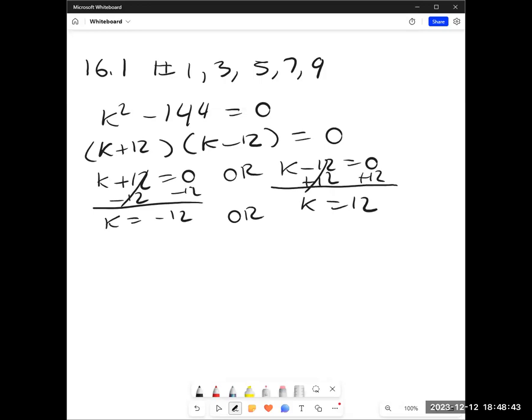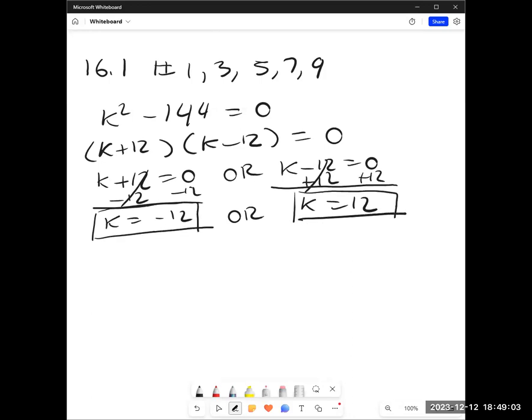And the reason I really like this as a tutor is that you're not going to forget an answer. You're not going to forget your plus or minus sign with your square root property. You're going to get two factors. You're going to know that there's two answers, and you're going to see both answers here. And you're going to remember to write down both answers.